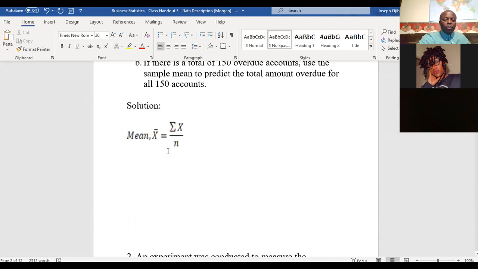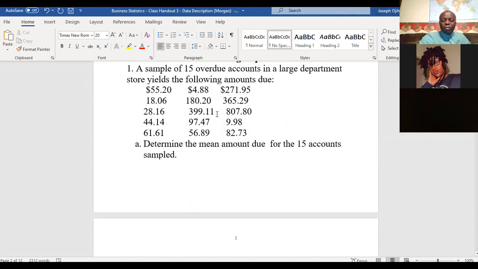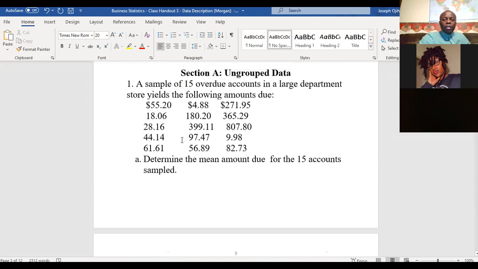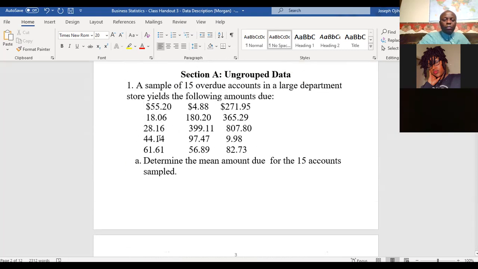So this symbol here is the Greek letter we call sigma, which means the sum of. I mean, it's to add all the x's. And these are all the x's right here. Then n means how many of them? We've got 1, 2, 3, 4, 5, 6, 7, 8, 9, 10, 11, 12, 13, 14, 15.